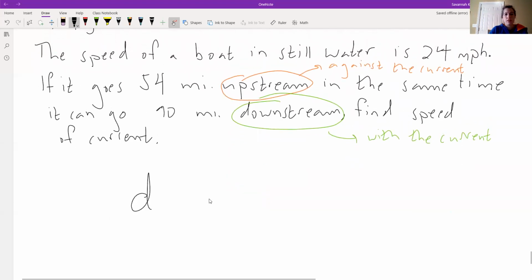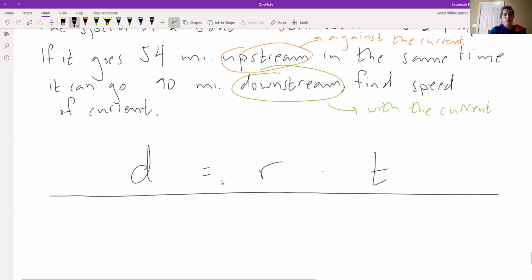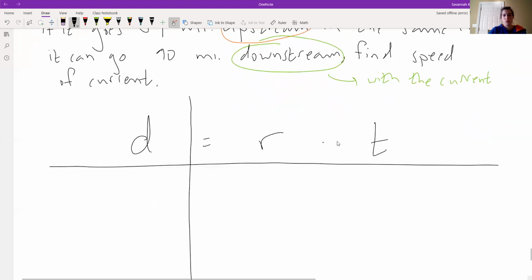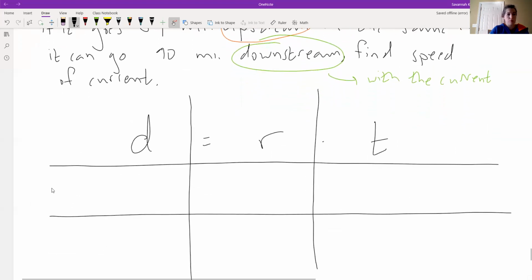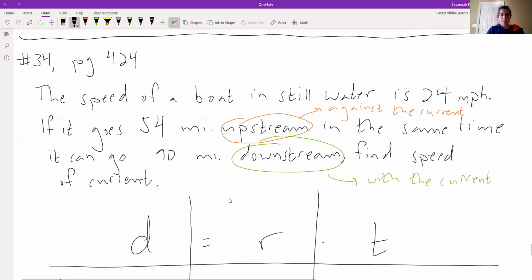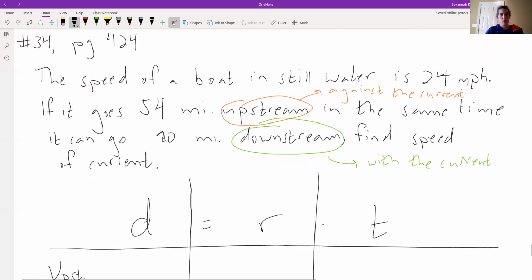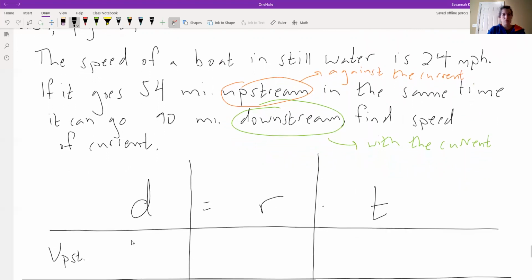So I'm going to make my giant grid here, sort of expand everything else out. And my two rows will be upstream and downstream instead of boat or plane and truck. Upstream and downstream. So speed of the boat in still water is 24 miles per hour. Okay, so the distance upstream is 54.